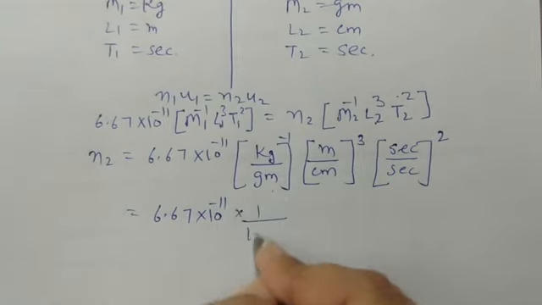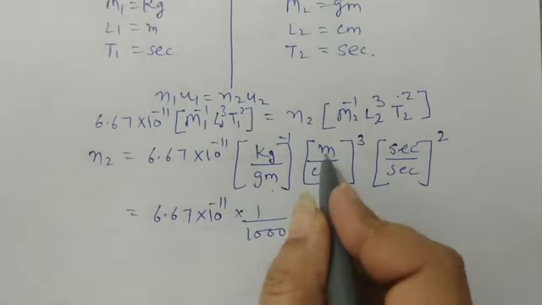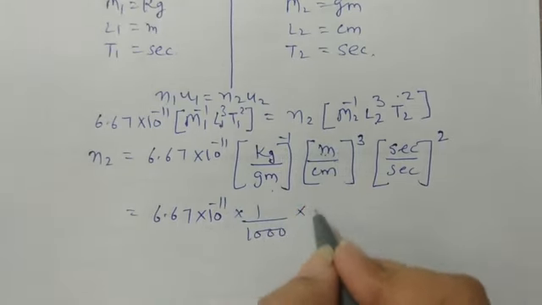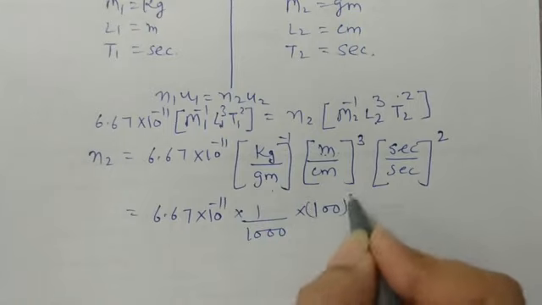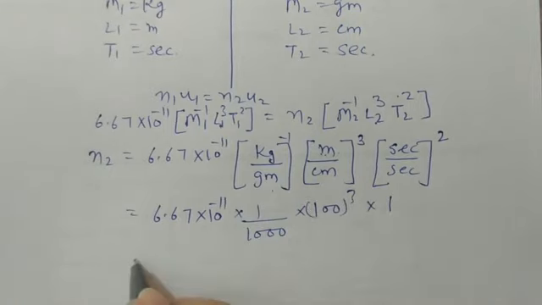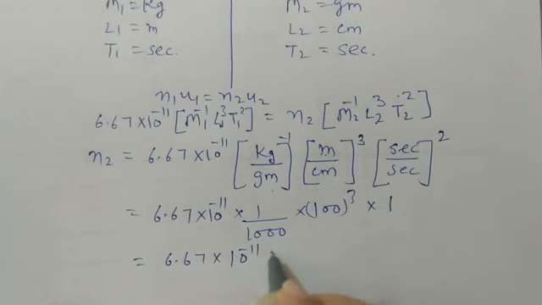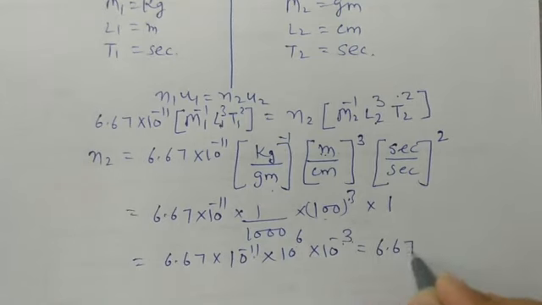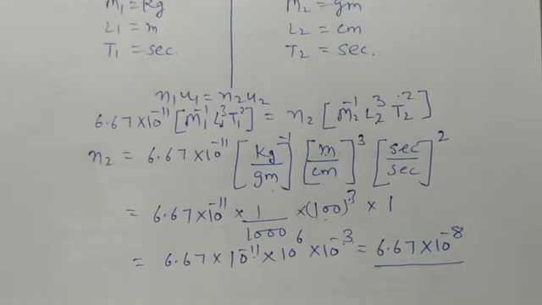So this will be 1 upon 1000. This is 100 centimeters. So it will be 100 power 3 and this is 1. So this will be 6.67 into 10 to the power minus 11 into 10 to the power 6 into 10 to the power minus 3. So this will be 11 and 3 14 and 6. So 6.67 into 10 to the power minus 8 is the value of G in CGS system.